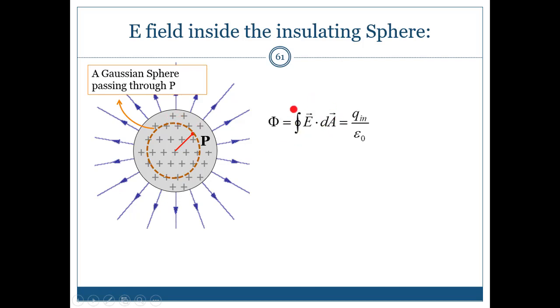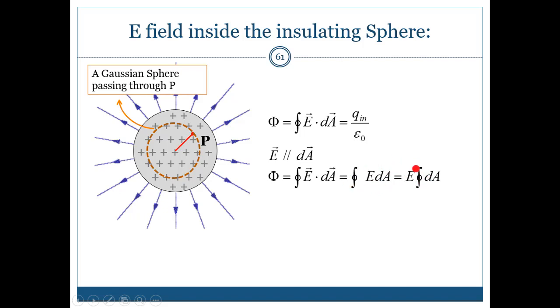So my E field vectors will again be perpendicular to the surface of my Gaussian sphere. Hence, E will be parallel to dA again, so I will have a 0-degree angle between E and dA.